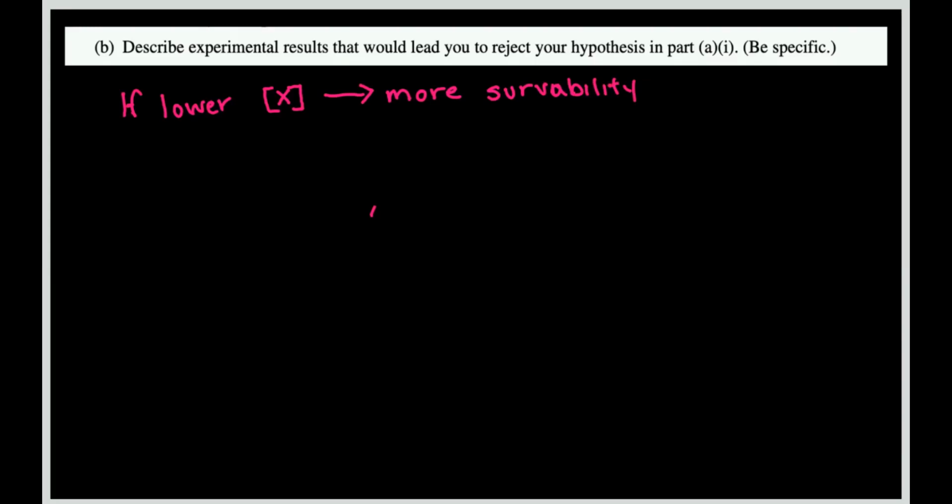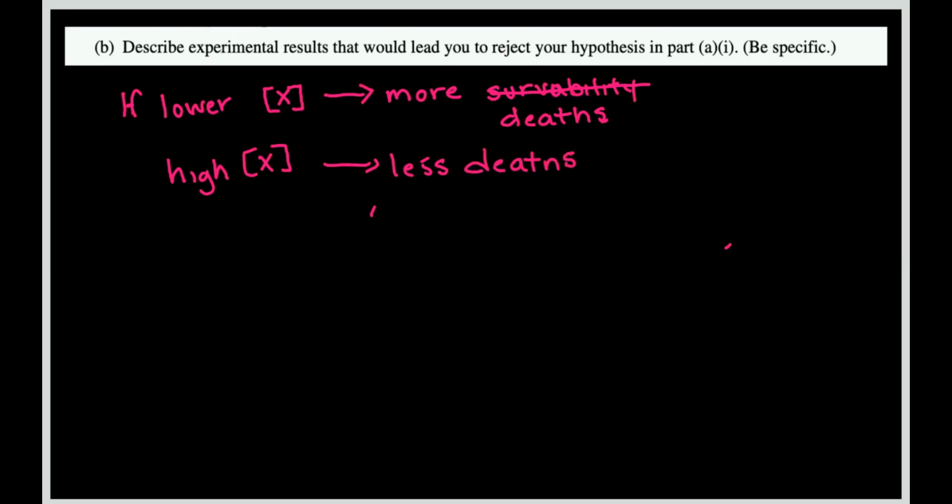If higher concentrations cause more survival, if lower concentrations had more deaths, or if higher concentrations had less deaths, then our hypothesis would be rejected.